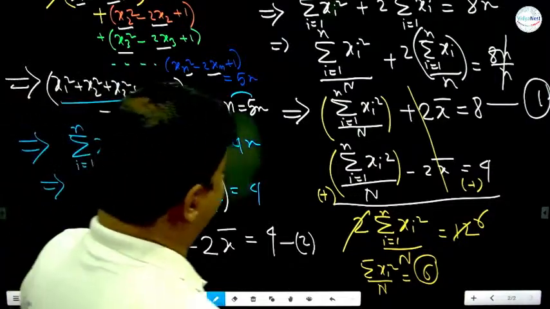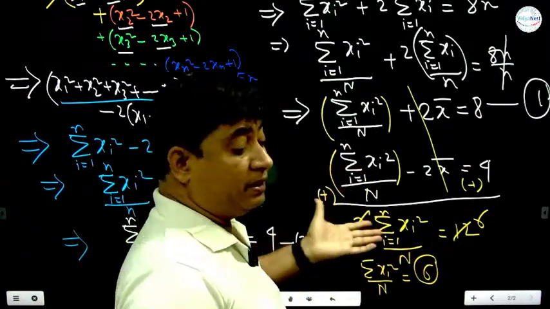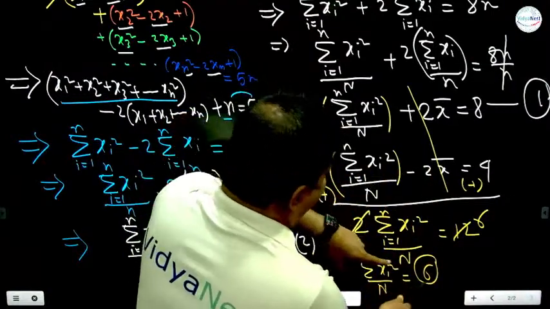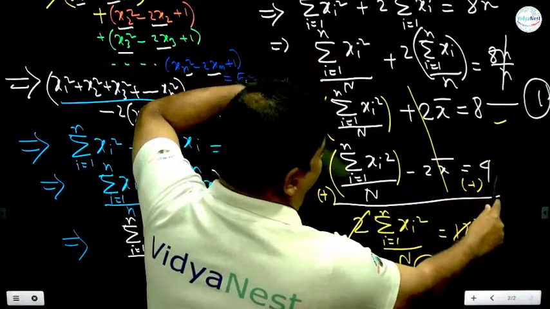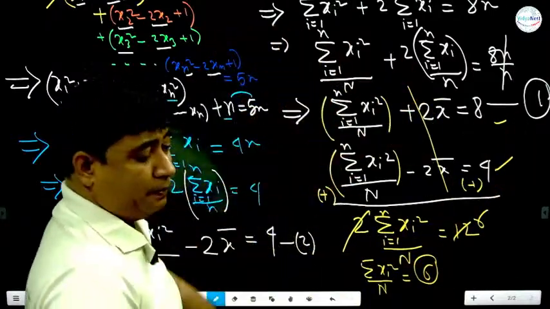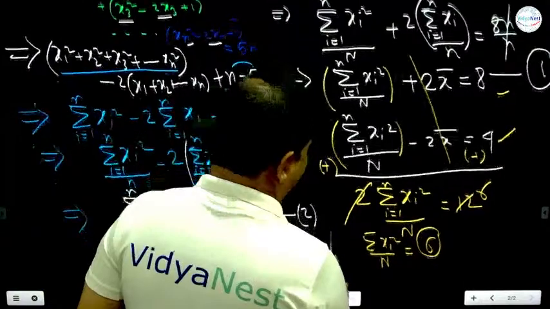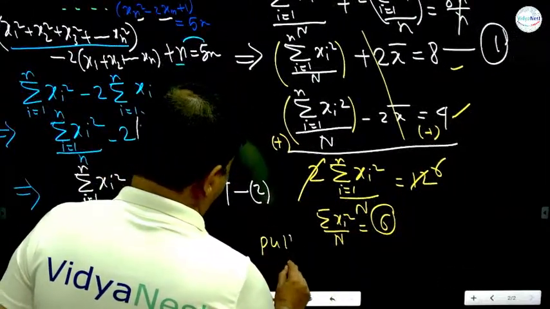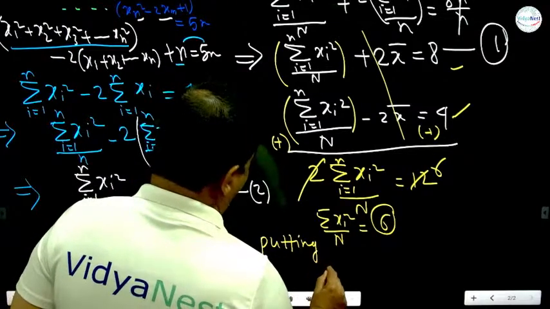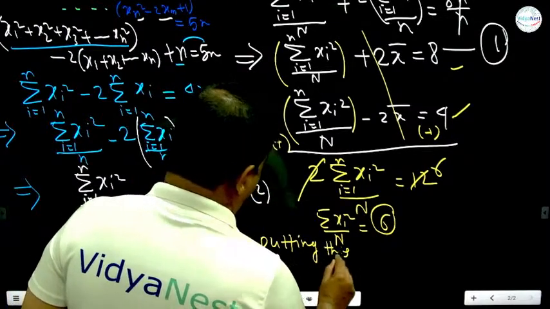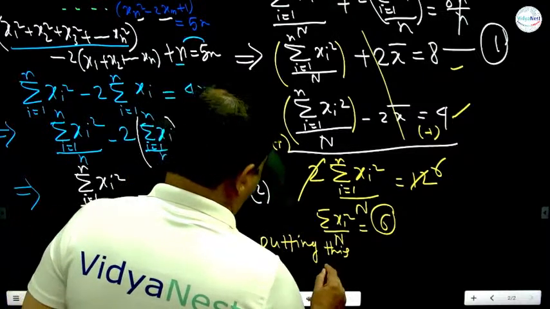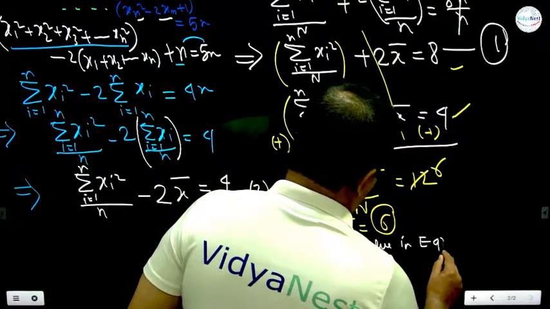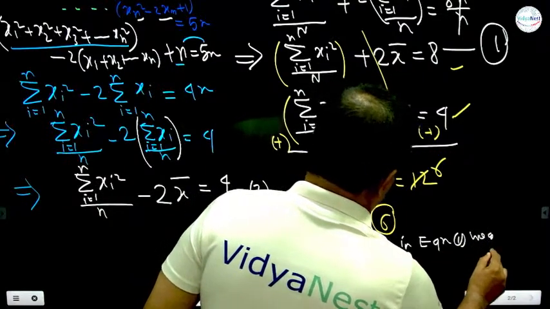Yes, sir. So as in the substitution method for linear equations, when we get the value 6, you can put that 6 in either of these equations, and you will get the value of x bar. Yes or no? Yes, sir. So putting this value in equation 1, what do we get?